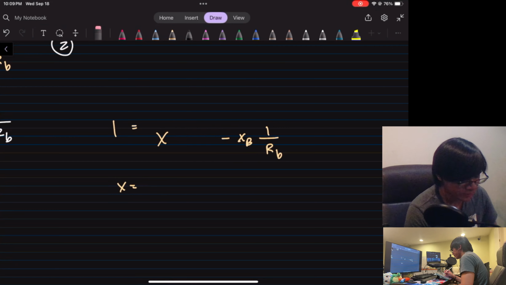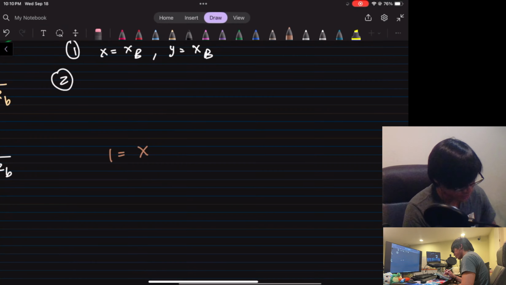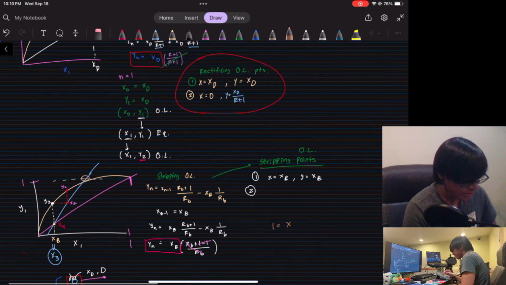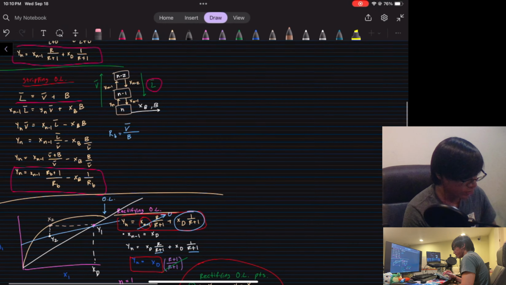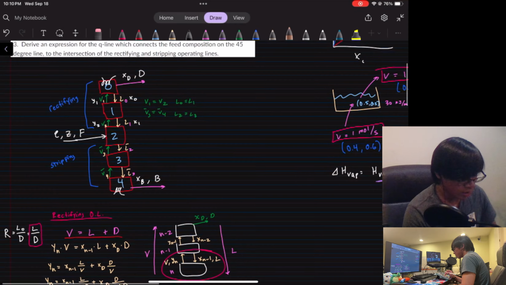I'm going a little bit crazy here, but what I want to do is relate the liquid and vapor molar flow rates instead of just the boil up ratio.